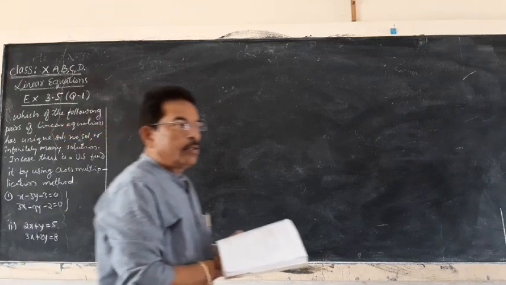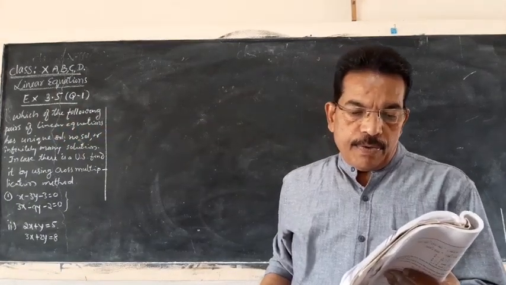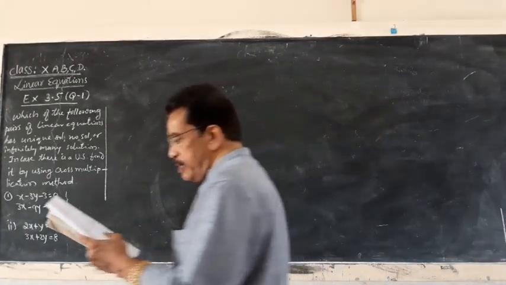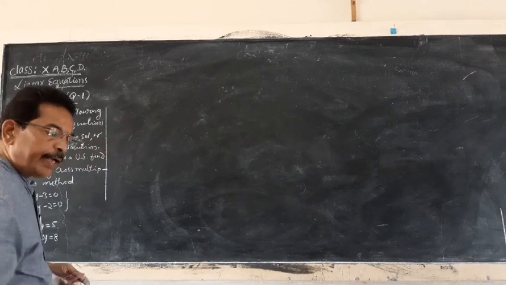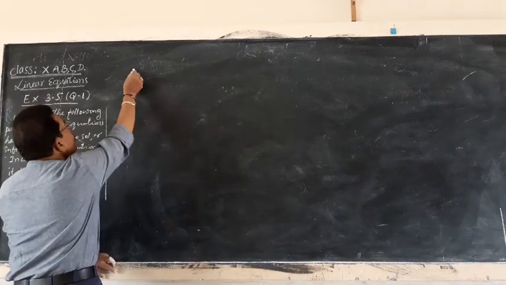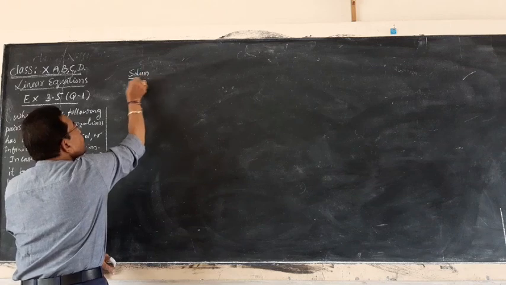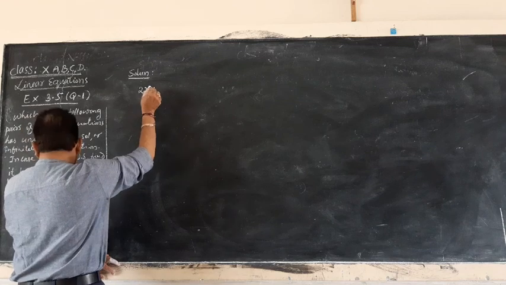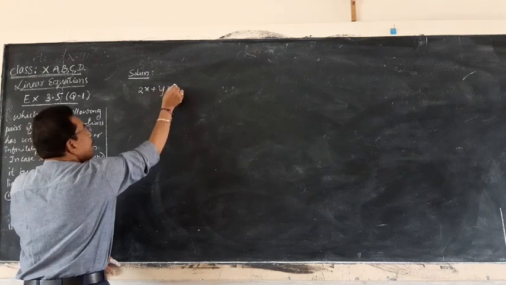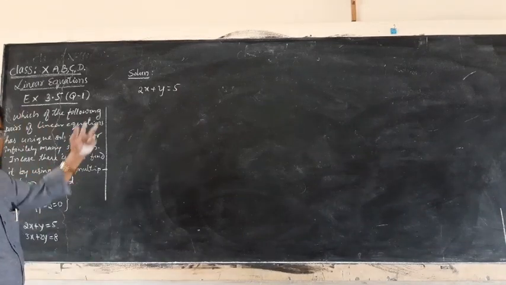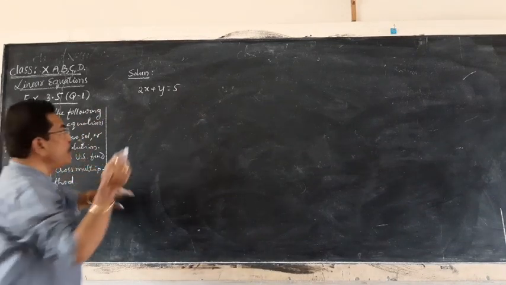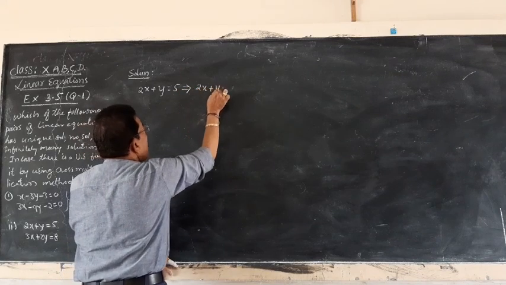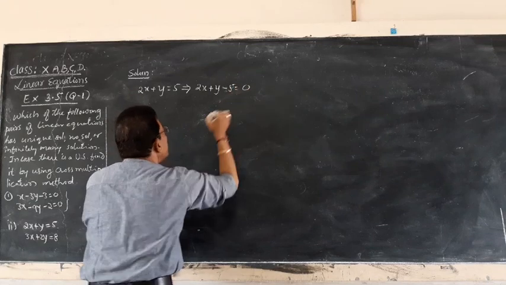Now the second one. Which of the following pairs of linear equations has a unique solution? The second one is 2x plus y equals 5. This is not in the general form of a pair of linear equations, so we have to convert it into that form: 2x plus y minus 5 equals 0.